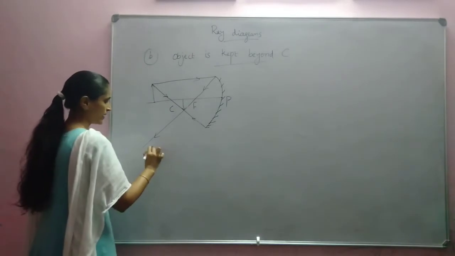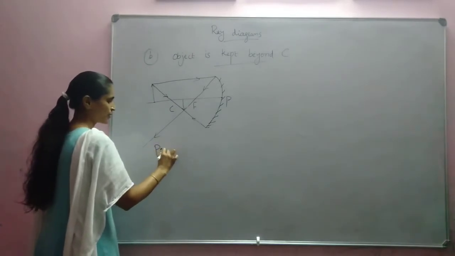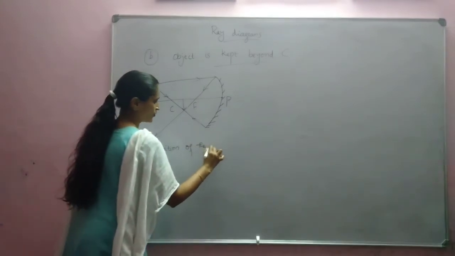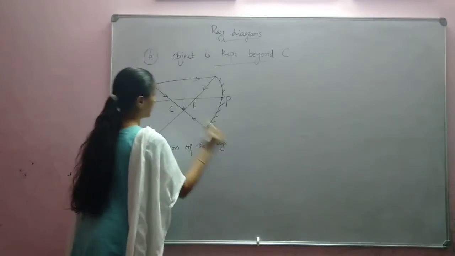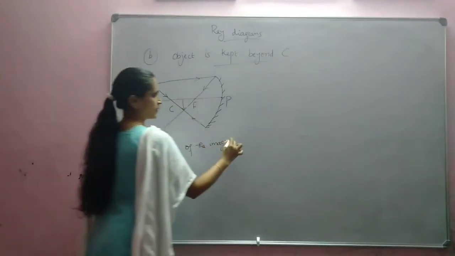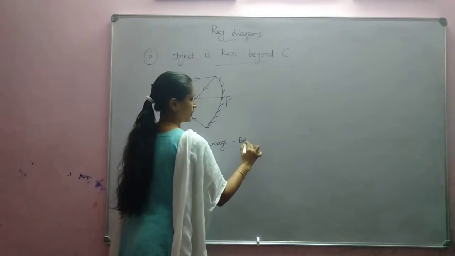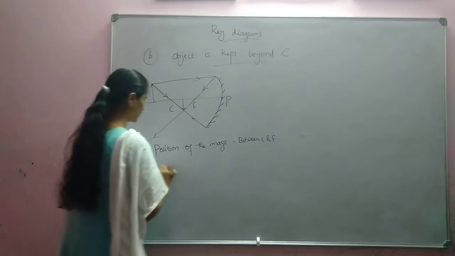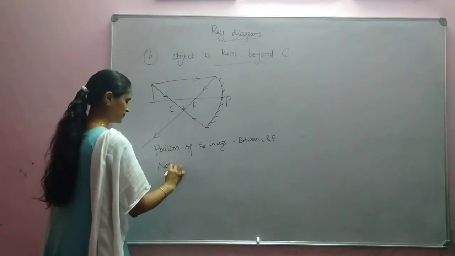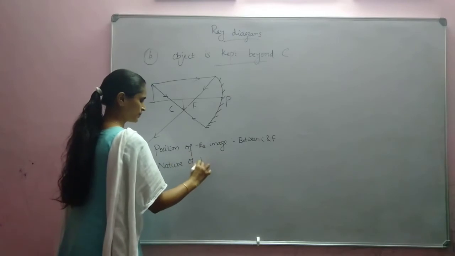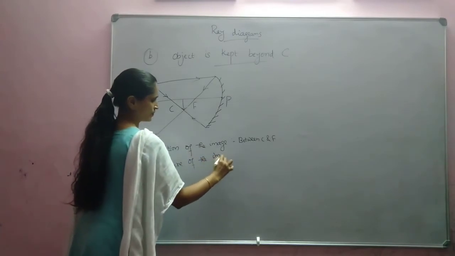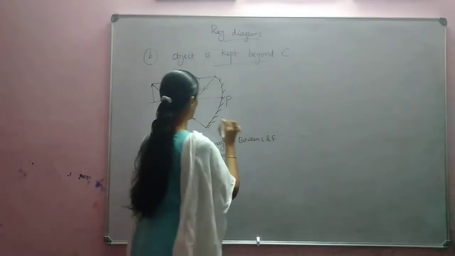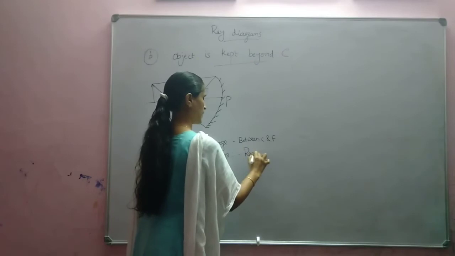Okay. So we can write the position of the image. Where is the image formed? Between C and F. And nature of the image: real and inverted.